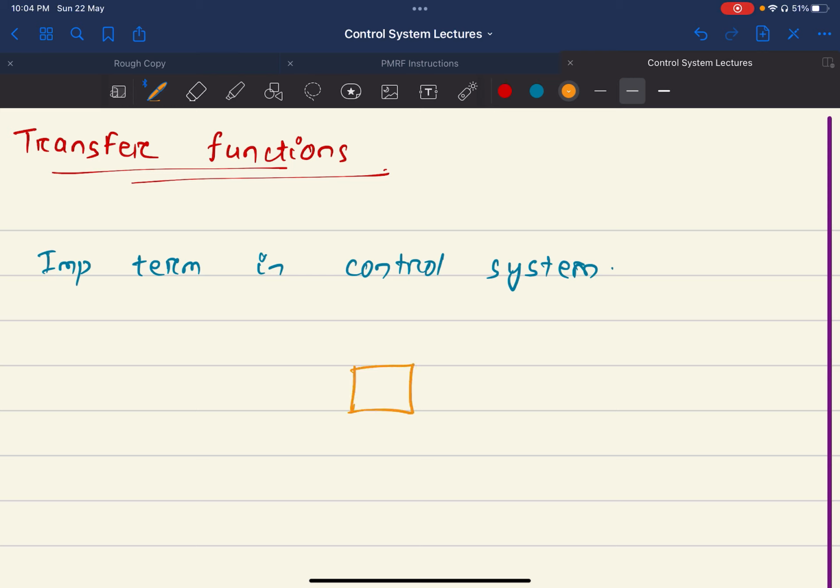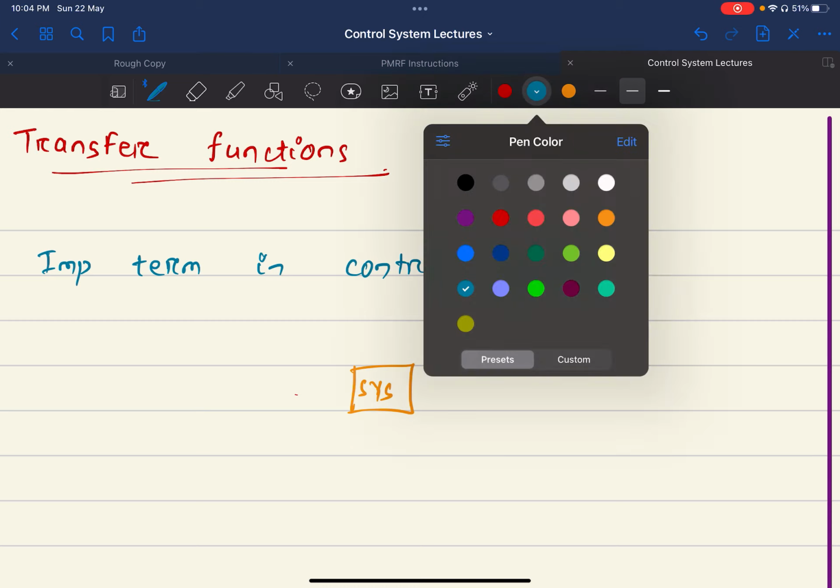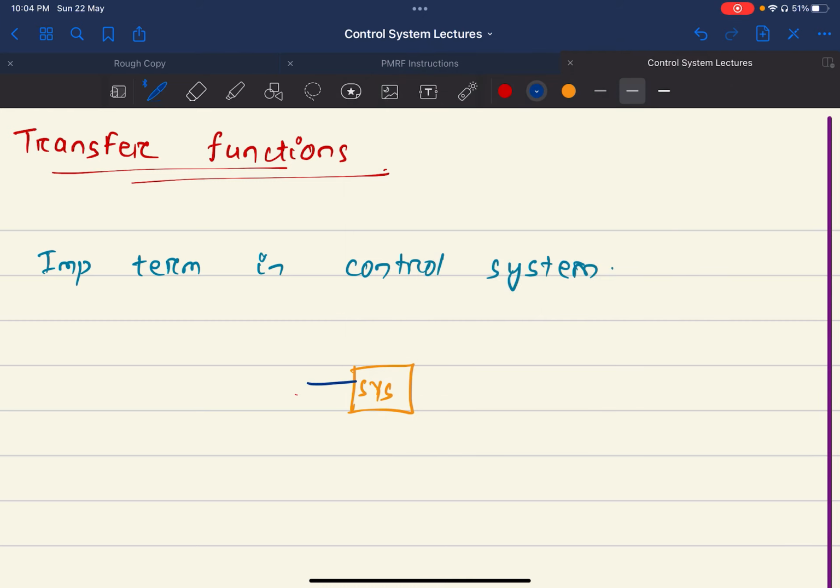So just imagine this is a box or a system, just some system. We don't know what it is. When you give input as 5, it gives output as, just imagine, 12.